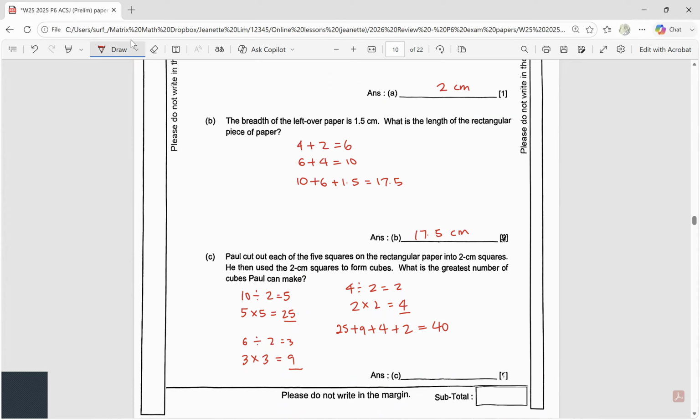He used those squares to form cubes. Every cube has 6 sides. So 40 divided by 6. Maximum you can get is a 6. There's a remainder of 4. So what's the greatest number of cubes he can make? So answer 6. Okay, you can't do anything with the remainder because to form a cube you need 6 sides.